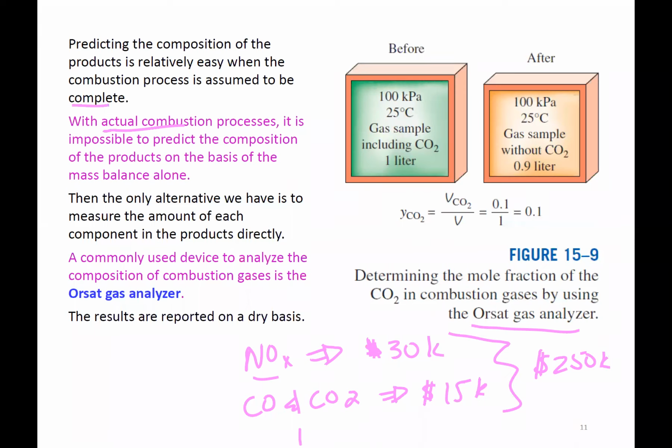If you're doing particulate matter, so PM, that might be another 250 to 500K just for that one, because you need a clean room. You basically measure filters: you pass the exhaust sample through a filter, and you measure that filter before and after the experiment. You have to keep it at very standard conditions.